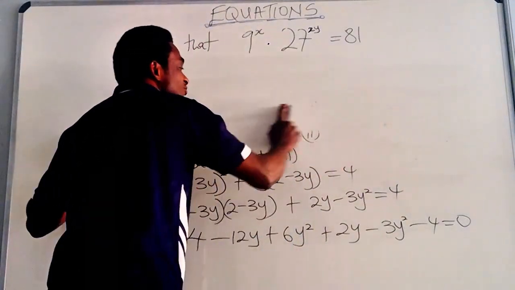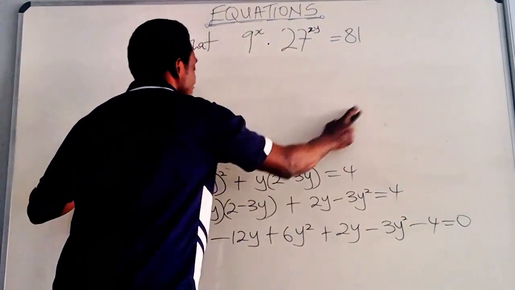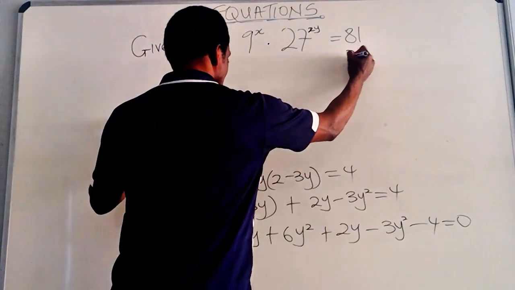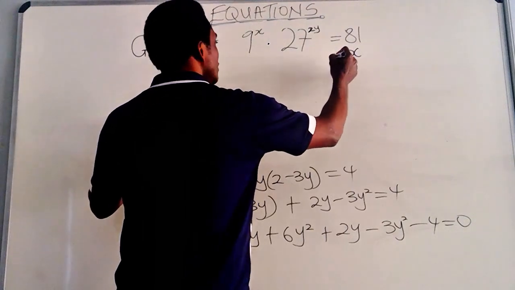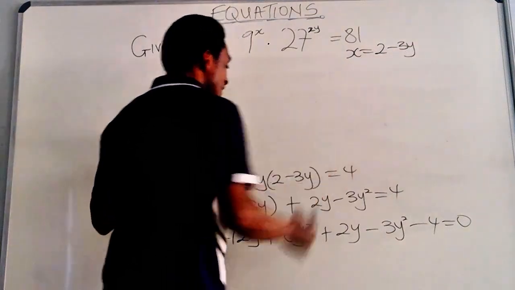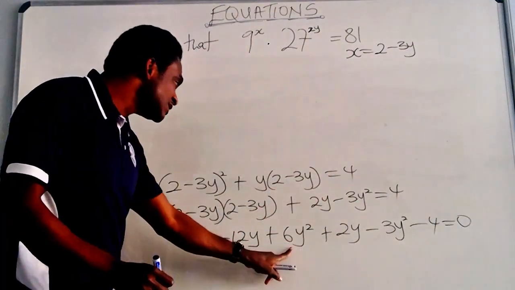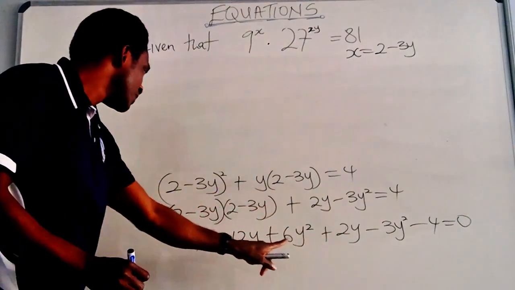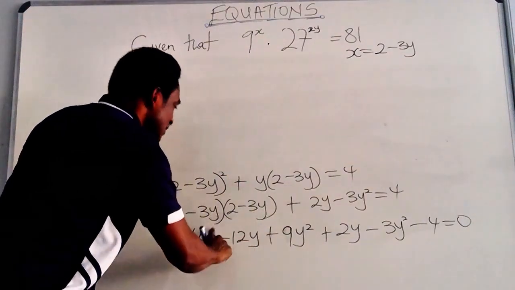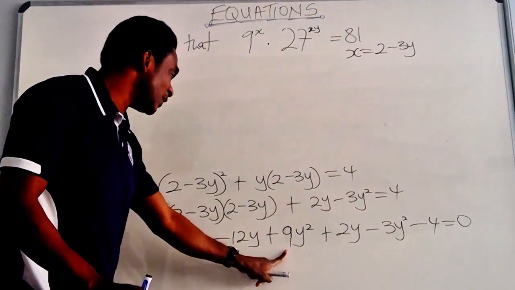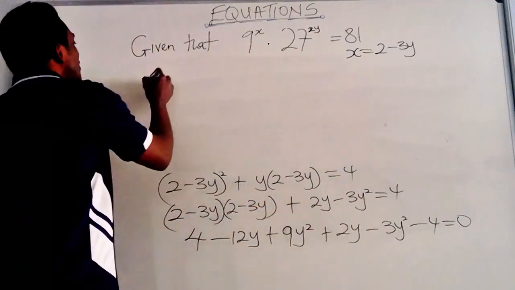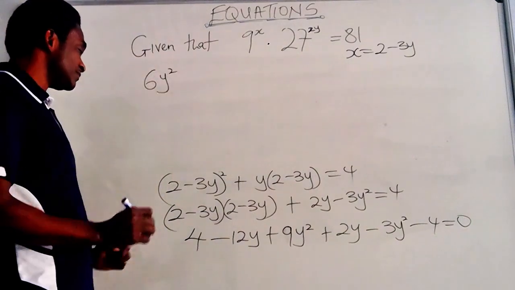Remember, they're asking us to solve for x and y. Our equation 1 is x equals 2 minus 3y. Now let's solve. 3 times 3 is 9, so we have 9y squared. Now 9y squared minus 3y squared will give us 6y squared.